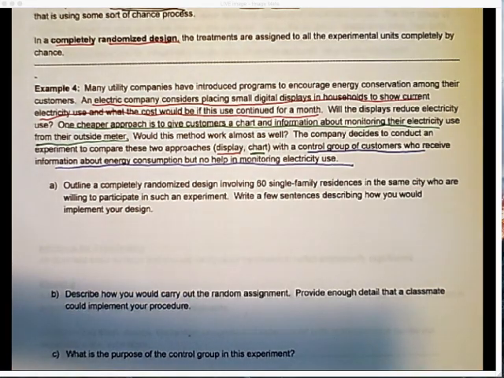It says, outline a completely randomized design involving 60 single-family residences in the same city who are willing to participate in such an experiment. Write a few sentences describing how you would implement your design. Okay, so we have 60 families.